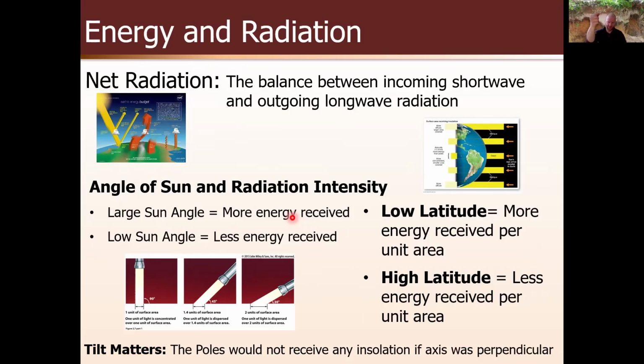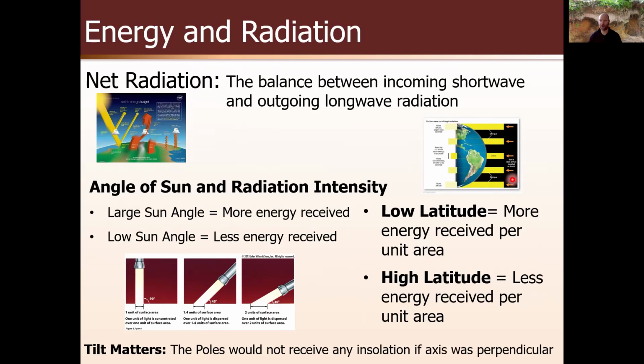If you then tilt your flashlight lower and lower, the distance it is spread across gets larger and larger. As sun angles get lower, you're spreading that same amount of energy out over a greater distance on Earth's surface, like twice the distance. So it's the same amount of energy spread across twice the space, and effectively any one spot is now receiving less energy because it's more spread out.